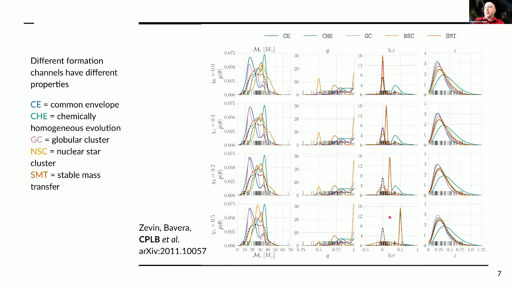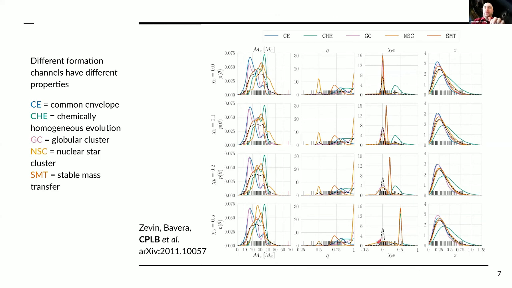The difficulty with having chi-effective close to 0 is that it could be that you have a dynamical formation, so you don't have aligned spins, or it could be that your spin magnitudes are just small and you can't necessarily tell those apart.